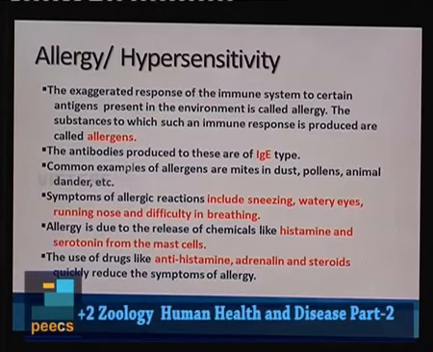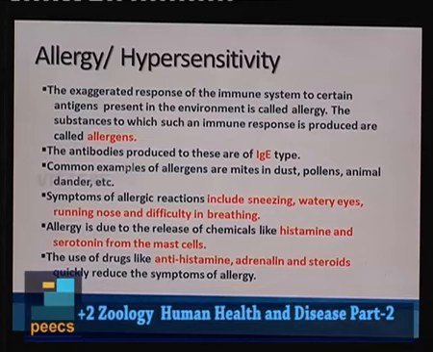Our immune system is also subjected to certain disorders. An example of an immune disorder is allergy or hypersensitivity. What is allergy or what is hypersensitivity? Allergy is actually an exaggerated response of the immune system to certain antigens that are present in the environment, and any substance which is capable of causing allergy, we can call an allergen.